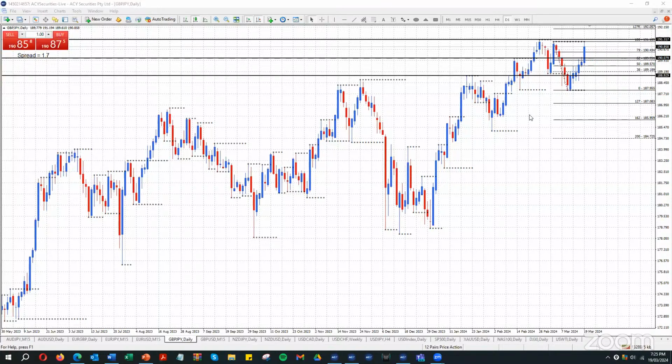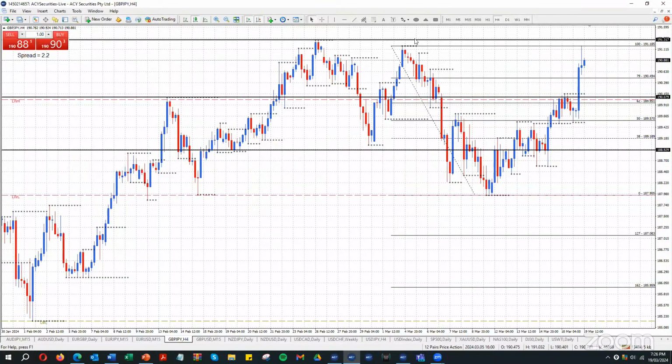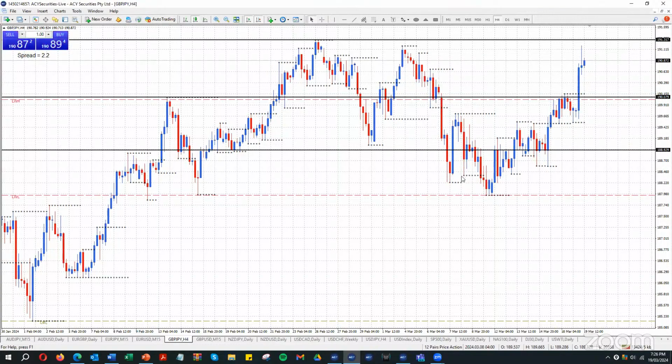All right. We're obviously moving up because of the budget today, but we're only getting moved back up to sell levels of the previous months of the year. And if you want to be a buyer, do you want to buy at such a high price? I don't. So the question is, if I want to be a buyer, like I was saying on the Euro yen, let's just get rid of this fib. You want to see a 4-hour pullback, get your fib drawn in, look to the 62%, 79% area.